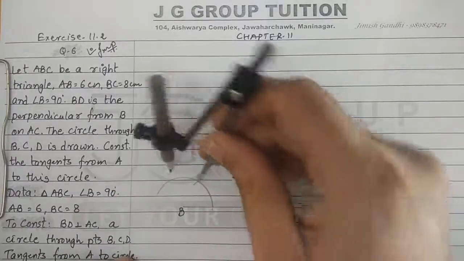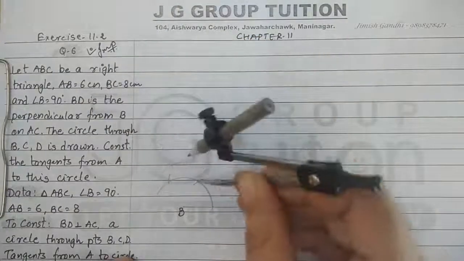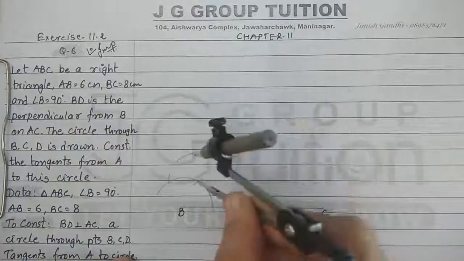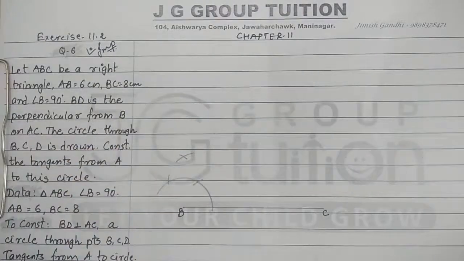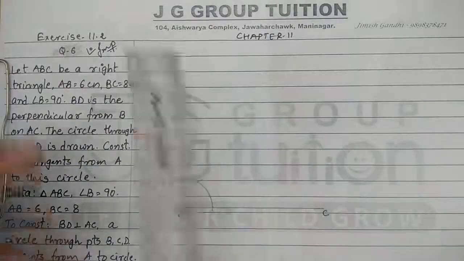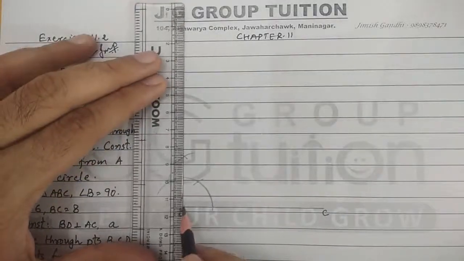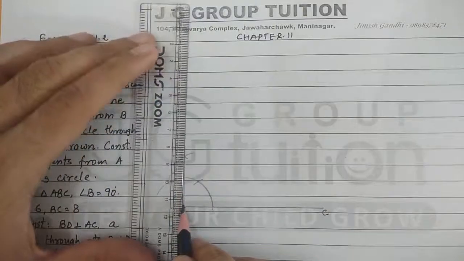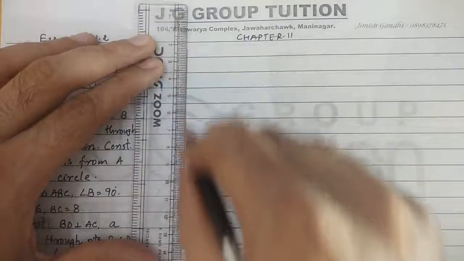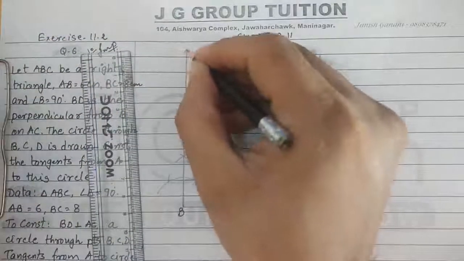From 60, this is 120 degree. Now the bisector of 60 and 120, which we obtain, is 90. So this intersecting point gives the right angle, which we require.